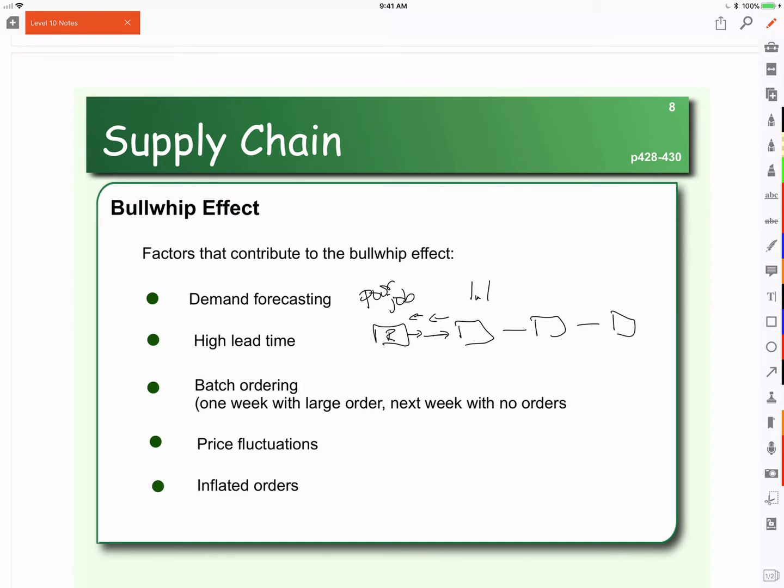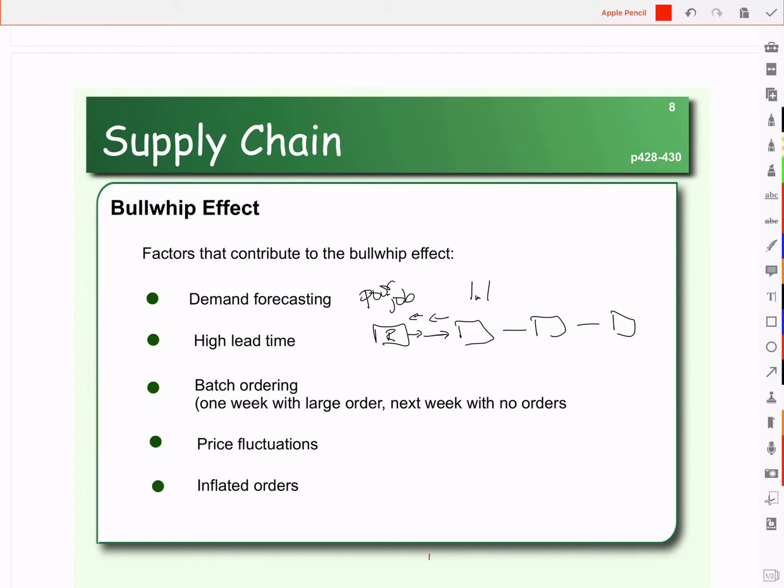So when we talk about the bullwhip effect, having too much then too little, you don't have nice steady orders because you don't know what the customer wants, so you're stocking up just in case. If you're trying to buy it when it's super cheap, if you're uncertain about delivery, so you're going to get it as much as you can now because you don't know when the next shipment comes in, or you're buying in big batches, then there are periods where we have a huge amount of inventory and then not enough, and then a huge amount of inventory again. And remember, too much inventory and too little can be very expensive.